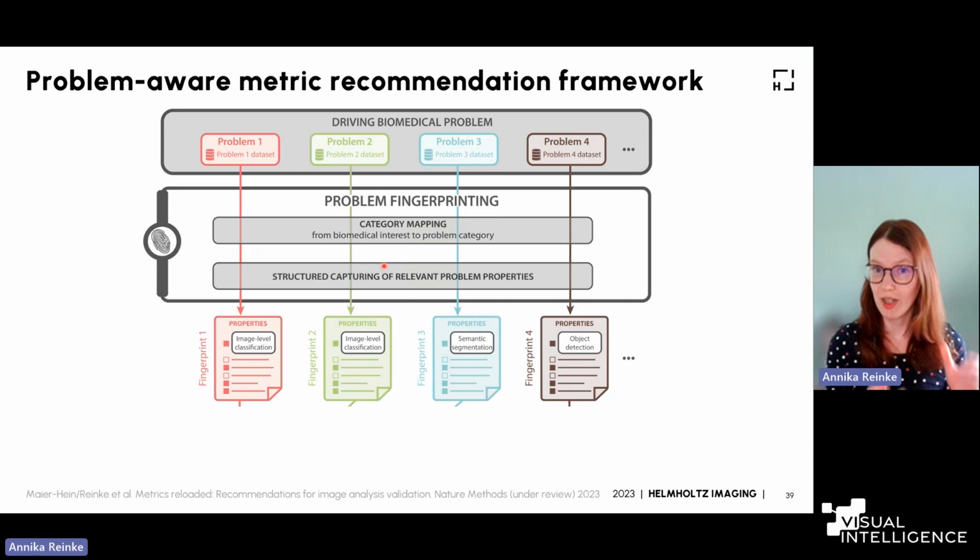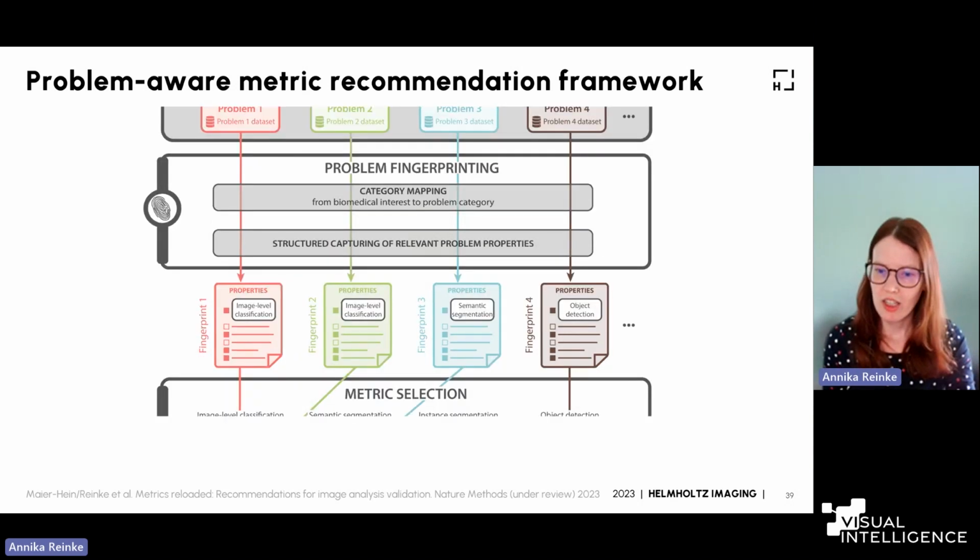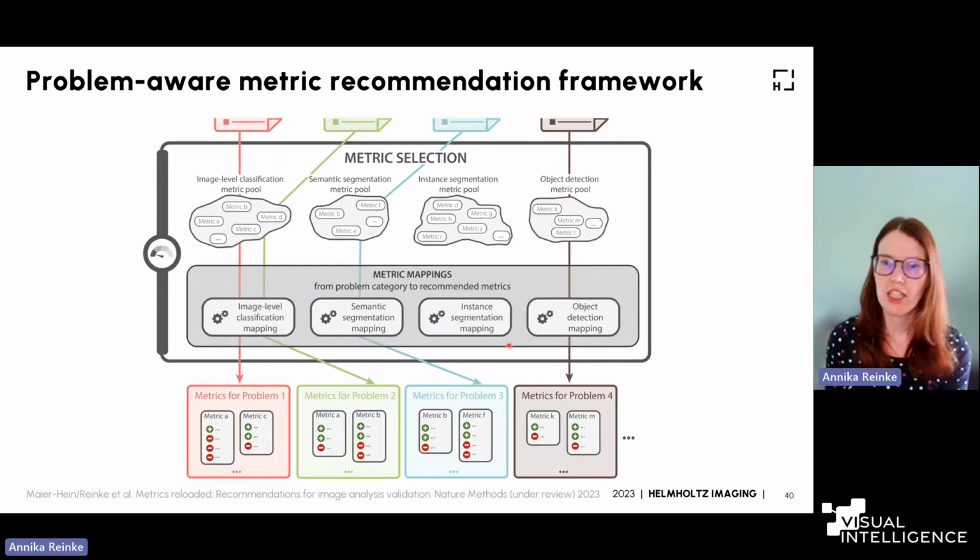This is why we call this fingerprint, so very specific to the research problem. And this is then captured also in a kind of checklist, which we then use for the metric recommendations. Each of the different tasks that we are including has a pool of metrics, and based on the fingerprint, we can then give very specific problem-aware recommendations with pros and cons of the different proposed metric candidates.